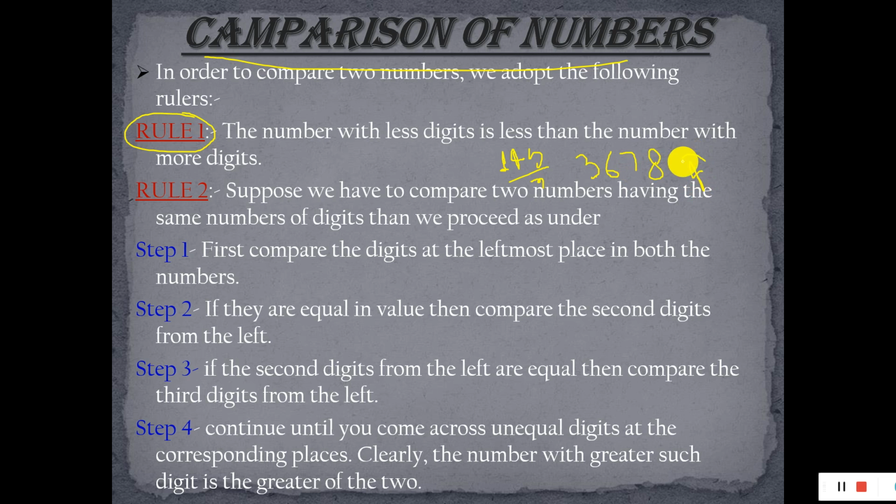So you can see this is 4, this is 3. So which number is greater? The 4-digit number is greater. So the first rule is that the number with fewer digits is smaller, and the number with more digits is greater.